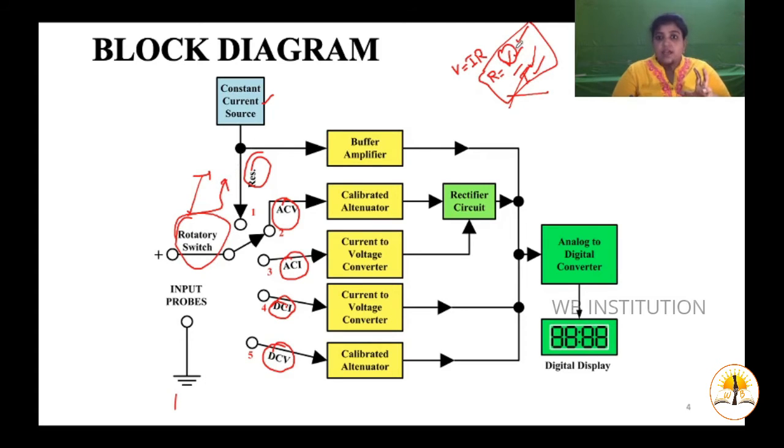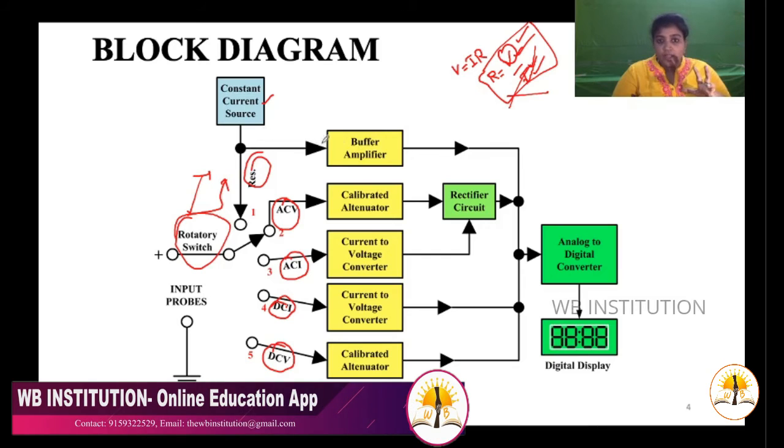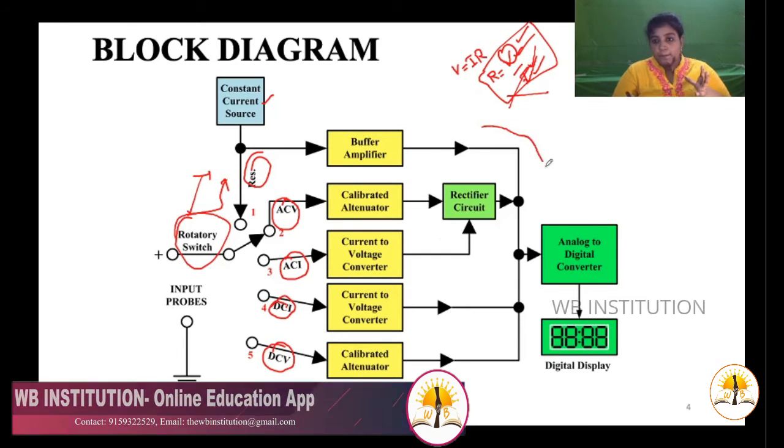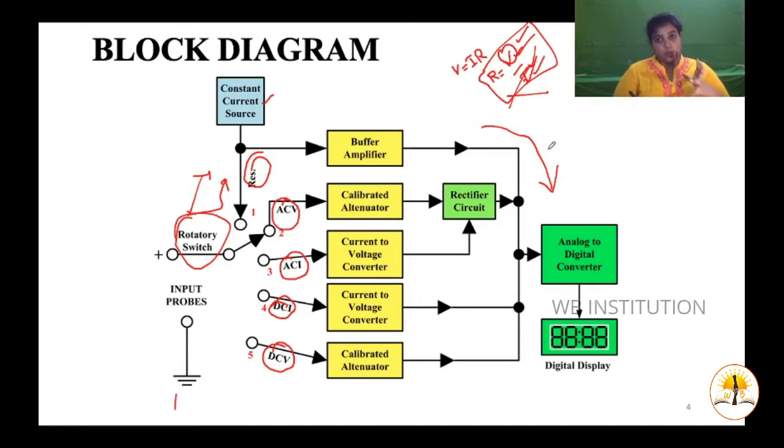So the voltage and current values are available, and that value is fed into your buffer amplifier, where the signal is amplified and fed into an analog to digital converter.